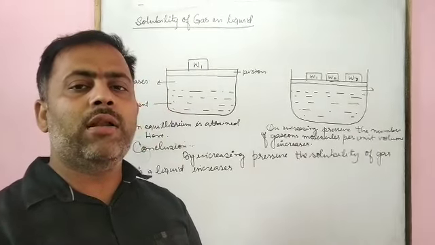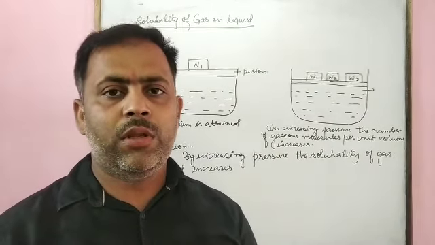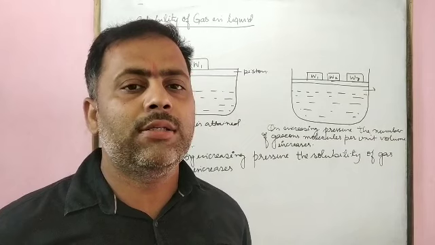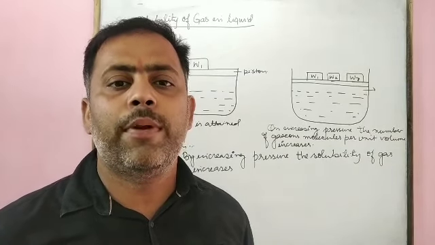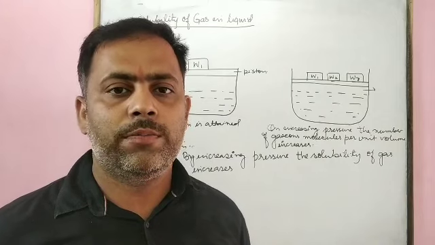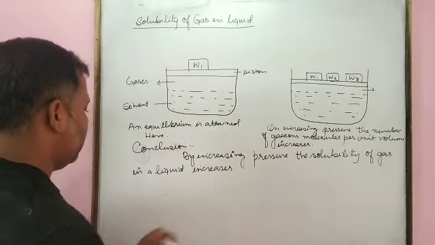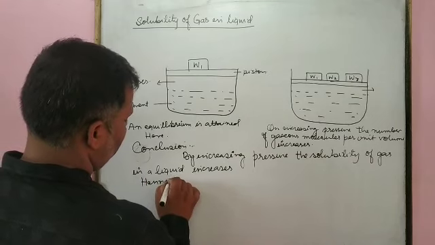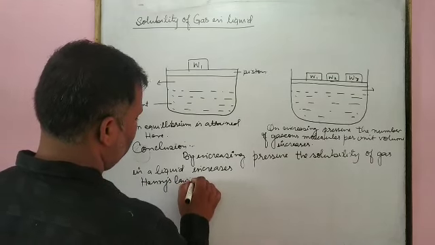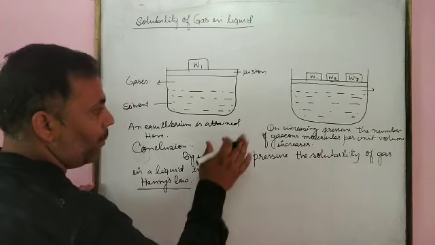Henry states that at constant temperature, the solubility of a gas in a liquid is directly proportional to its partial pressure over the solution. Let's discuss Henry's law. Here the temperature is constant.